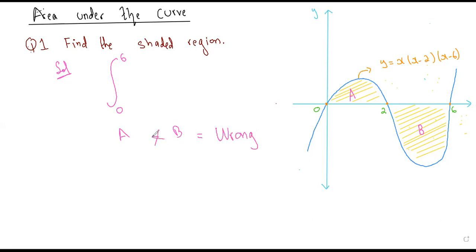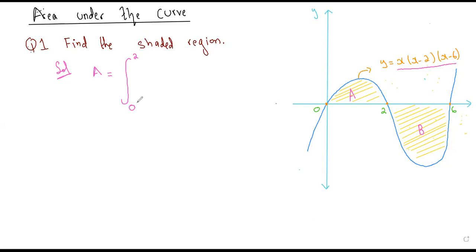Like when you will do A plus B, this would not give you A plus B. Always remember, whenever you have two separate regions, you are going to write down 2 separate integrals. Okay. So for A, you are going to integrate from 0 to 2, and this is the function.